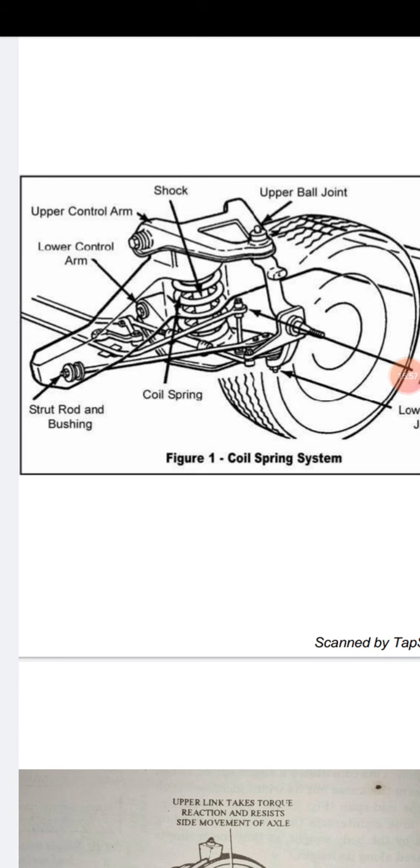But some cars use the MacPherson strut suspension system, which also consists of the coil spring and the strut. So in that case, the coil spring is also used in the rear suspension.